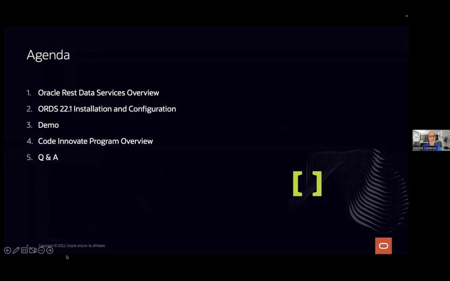Thank you, Tara. So I'm going to be covering just a very brief overview of Oracle REST Data Services. I'll touch base a little bit on the installation and configuration, but most of the time I'll spend actually doing it. My motivation behind this is that 22.1 changed a lot.